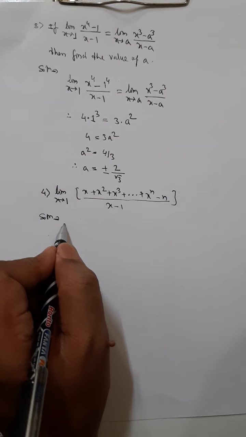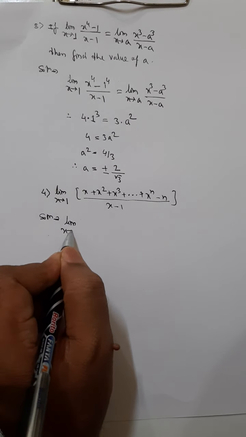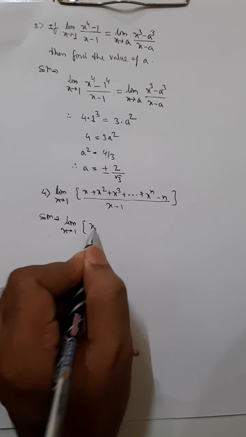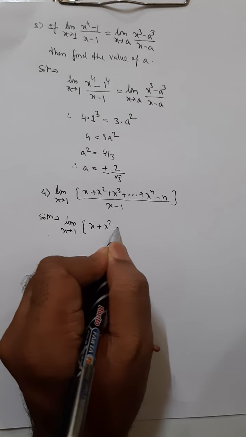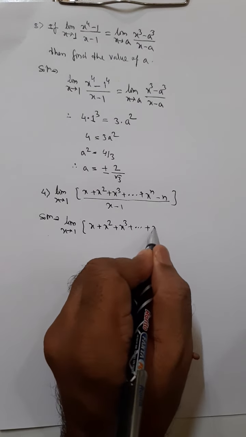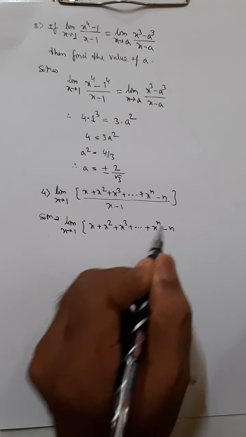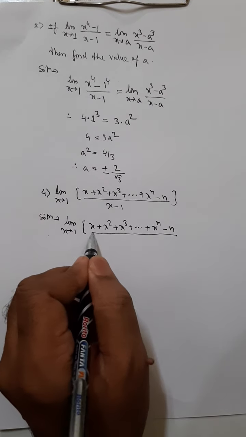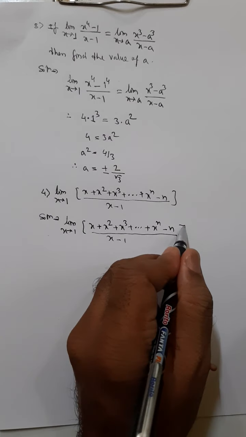So this can be written as limit as x tends to 1, (x plus x square plus x cube plus x to the power n minus n) divided by (x minus 1), that is the given problem.